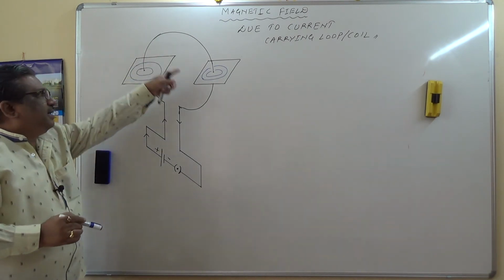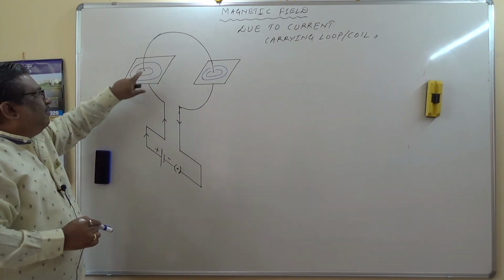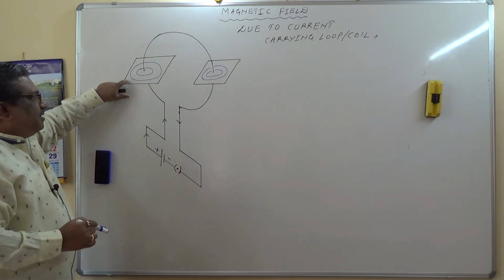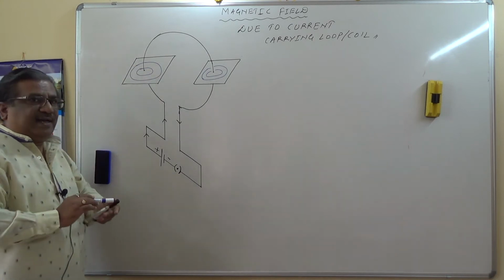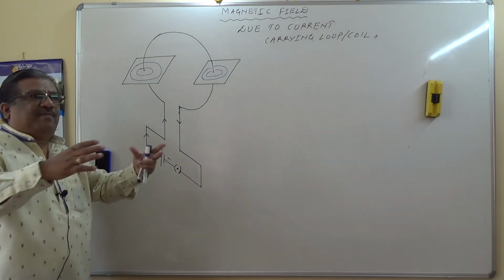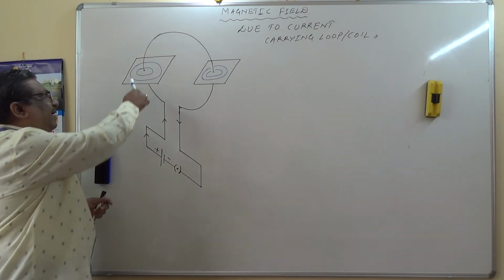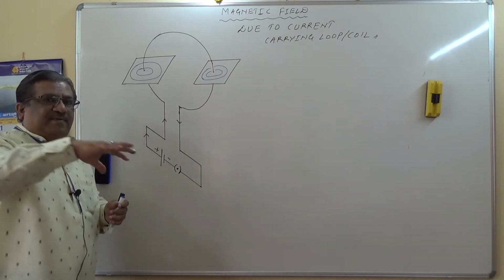This is a current carrying conductor in a loop. Sprinkle some iron filings, switch on, gently tap the board. This is a cardboard. You find that the iron filings align themselves in the form of concentric circles, and therefore we can conclude that the magnetic field lines around this coil at this point are in the form of concentric circles.